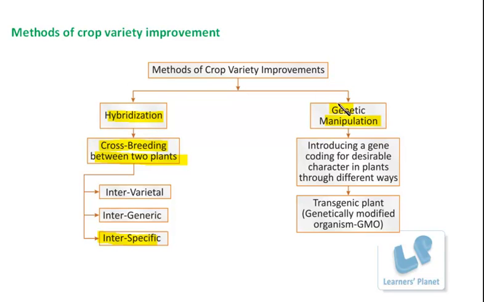The next type, the most modern technique of crop variety improvement, is genetic manipulation. As the name suggests, some changes in the genetic structure of a plant are made in this technique. So in short, it means the introduction of a gene which has the code for the desirable character.